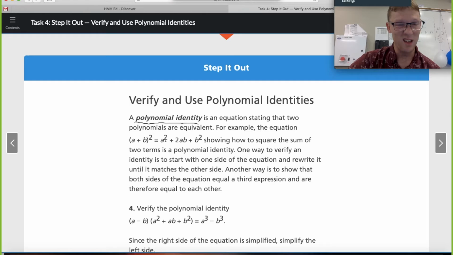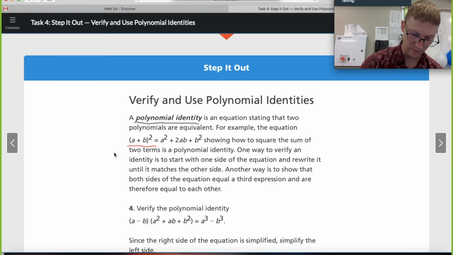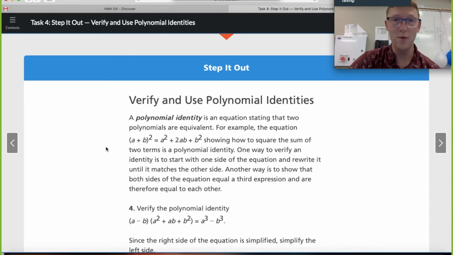You should have seen this before because it's basically how we take care of these types of polynomials. But we can prove that it works by rearranging one side of the equation to make the other side. So there's two ways that we can prove it.